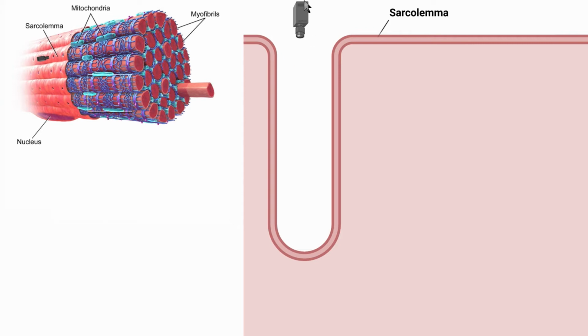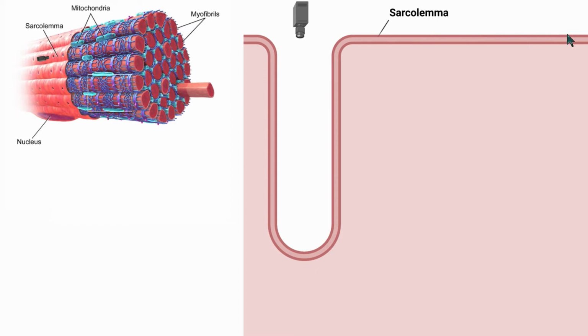But if you take that camera and you look inside, you see that there are these grooves, these trenches that are found inside the muscle cell, and there's a particular reason for why those are there. But regardless, even with those trenches, the sarcolemma is still present and is always over the actual muscle cell.